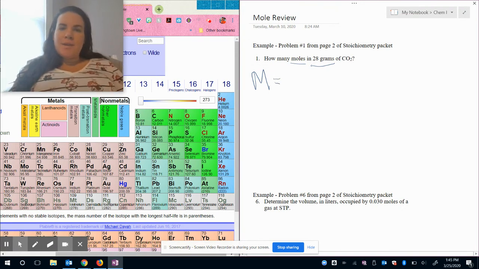So molar mass is going to be 1 carbon, so that's going to be the 12.011, plus 2 times the molar mass of oxygen, 15.999.